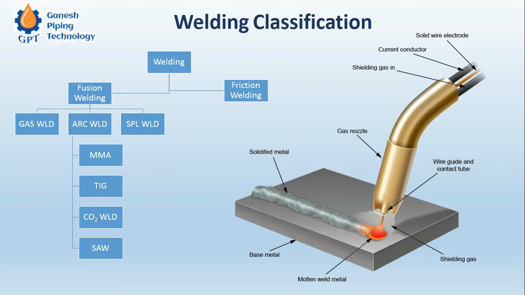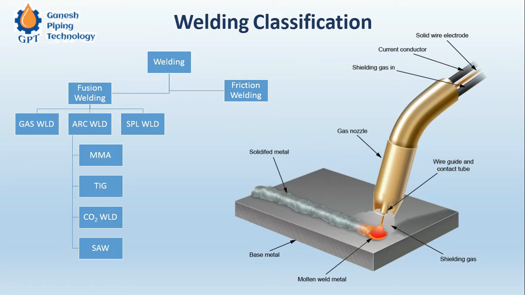The third one is CO2 welding, that is carbon dioxide welding, which is also called MIG welding, that is metal inert gas welding. So what is that?